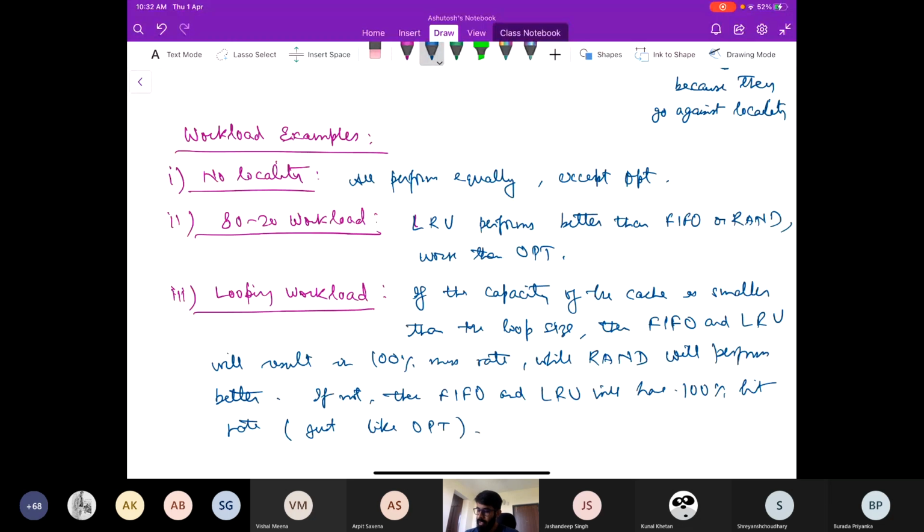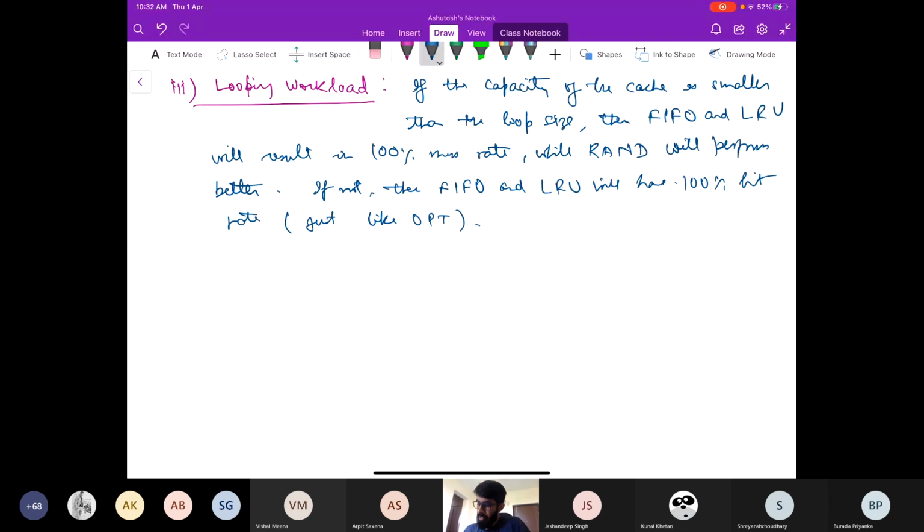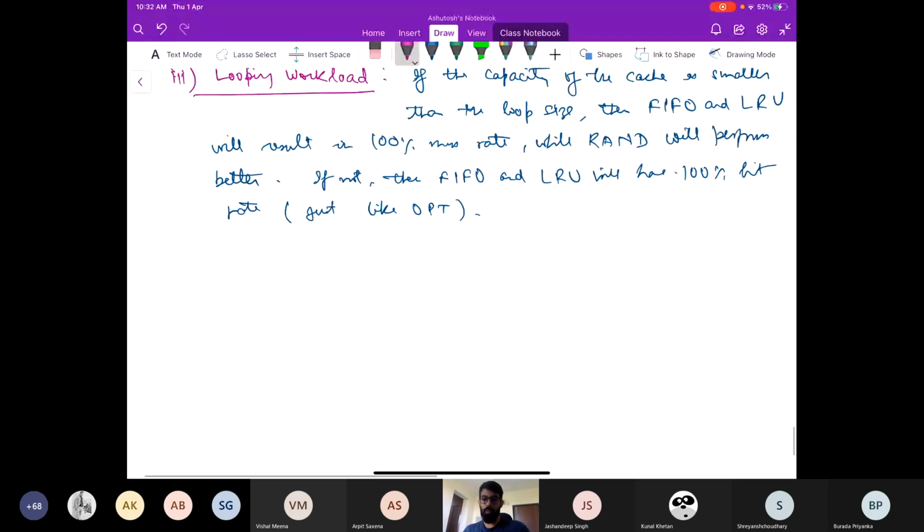Okay, so these were some workload examples which are given in the book, and you can look at the graphs in more detail, and that will give you some insight into this. But let's come back to the implementation of these policies.